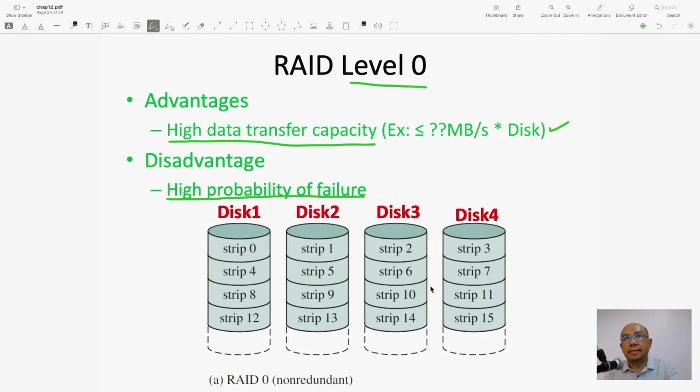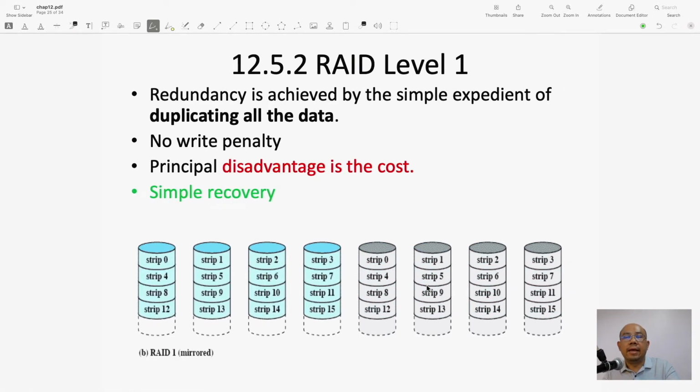From the disadvantage of level 0, some systems keep data redundancy, which is represented by RAID level 1. RAID level 1 works like RAID level 0, but RAID level 1 uses a lot more hard drives. Here we have 1 hard drive, 2 hard drives, 3, 4, 5, 6, 7, and 8.